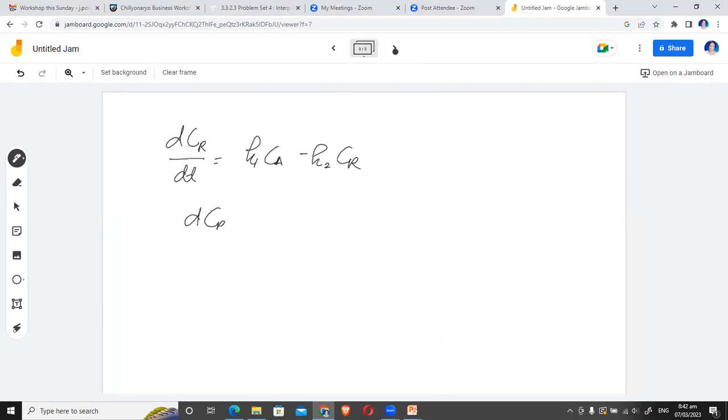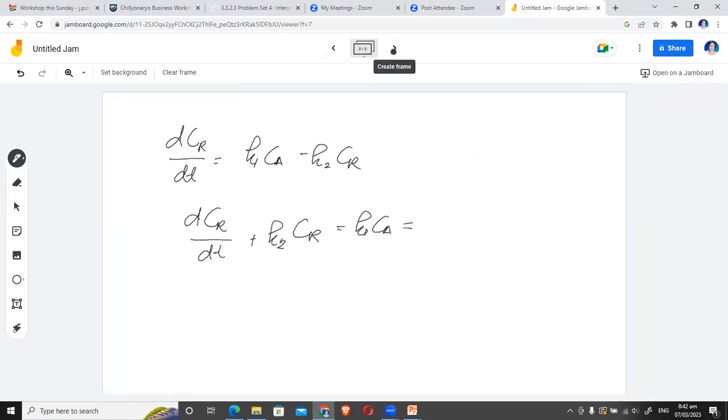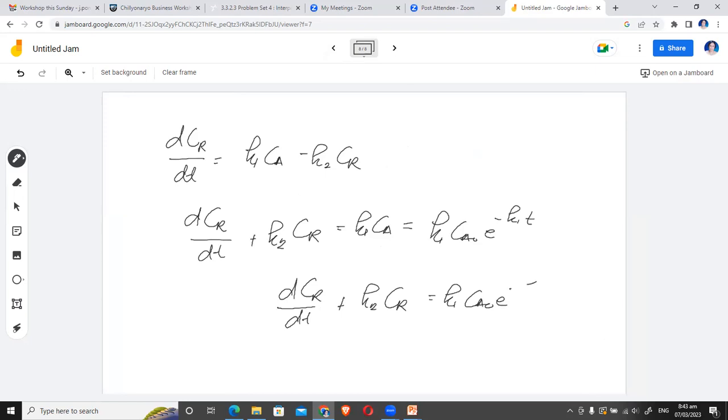You have dCR/dt plus K sub 2 C sub R equal to K sub 1 C sub A, which you can change based on that one. Your CA can be written as CA0 e raised to negative K sub 1 t. Okay, that's your linear DE.